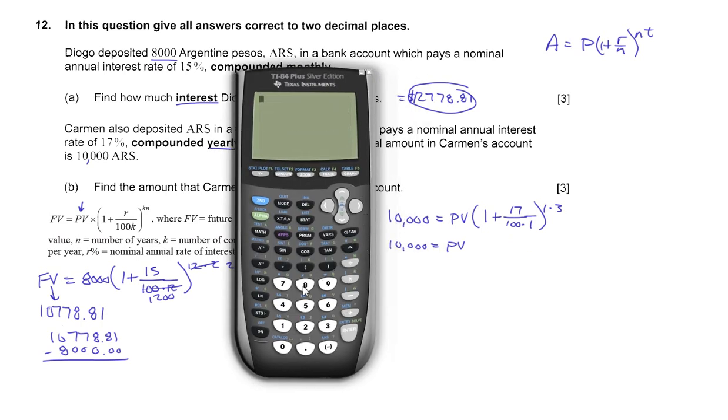So we've got parentheses 1 plus 17 divided by 100 times 1 is just 100. All to the third power. So that ends up being 1.601613.